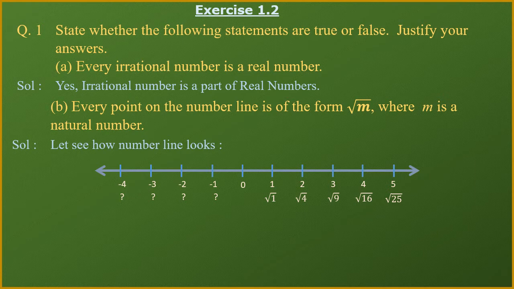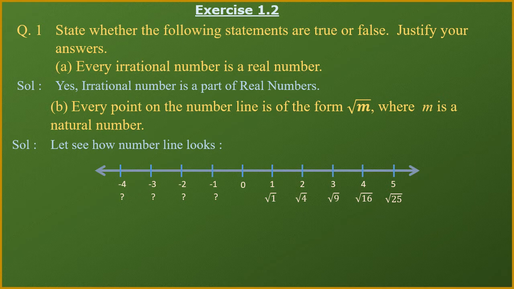Every natural number I can write in the form of root of m, where m can be any natural number. For example, look at 5. 5 I can write as root of 25, and 25 will be the value of m here. So in general any natural number I can write in the form of root of m.